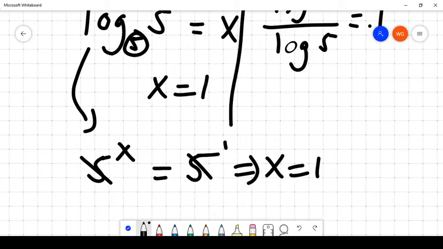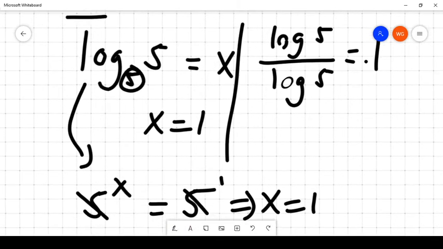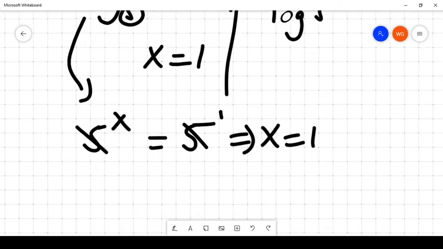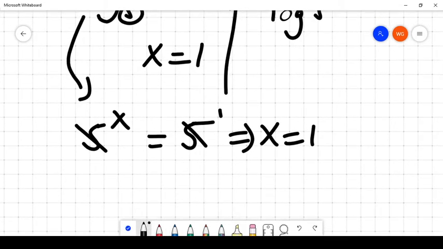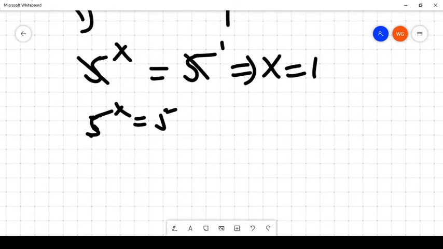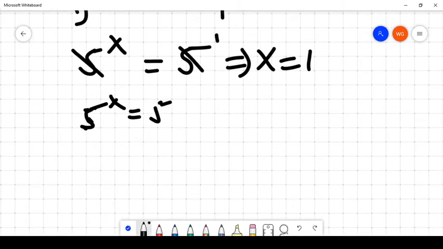And then finally, let me show you one other thing you could do if you really wanted to. You could look at that original expression, log base 5 argument 5 equals x, and you could say, well, once again, that's like saying 5 to the power of x equals 5. And then I could apply the logarithm rules that I've learned so far, and I'll take the log of both sides.